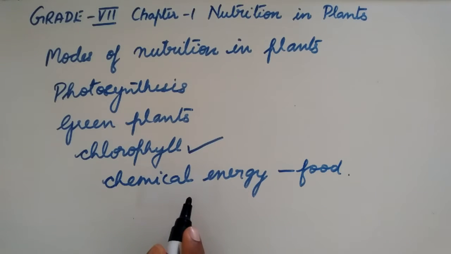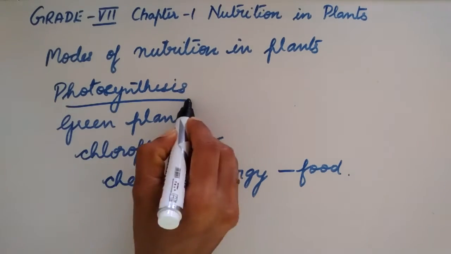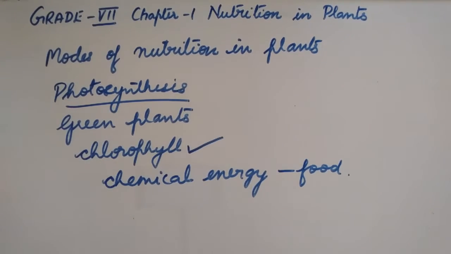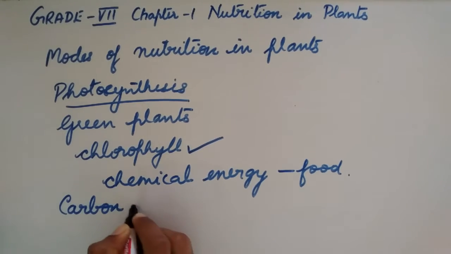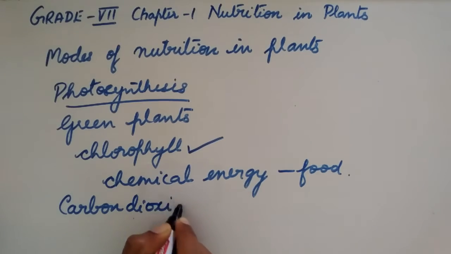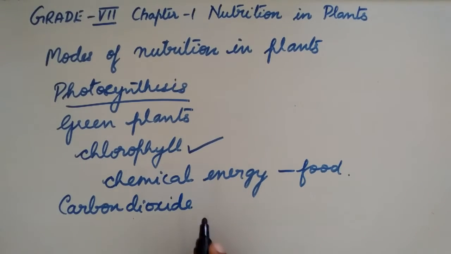Plants also need carbon dioxide, water and minerals to carry out photosynthesis. Plants take in carbon dioxide from the surrounding air.